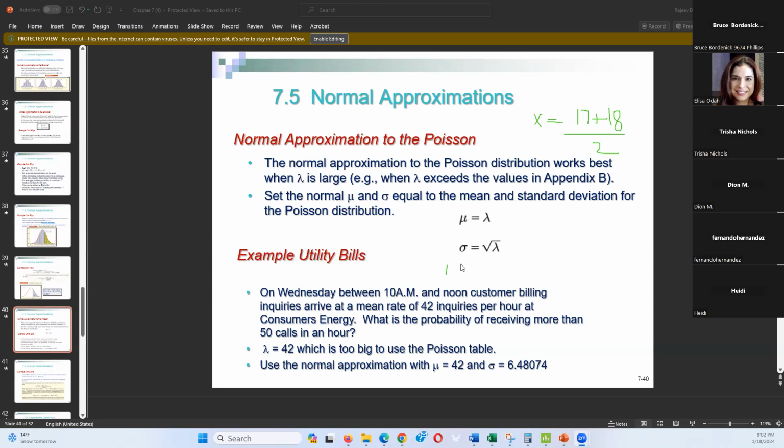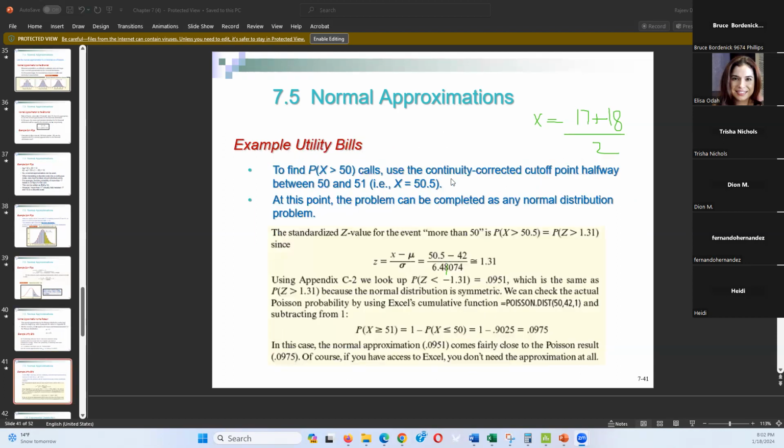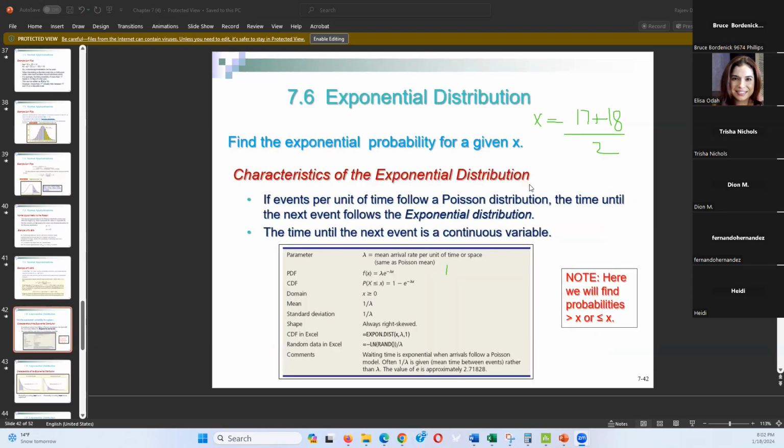Exactly the same thing. So you have to convert lambda to the average and the square root of lambda to the standard deviation and do the same thing. And the X value is also in between. So you can convert binomial and Poisson this way.